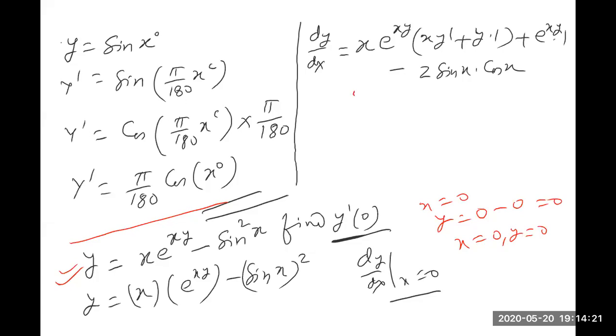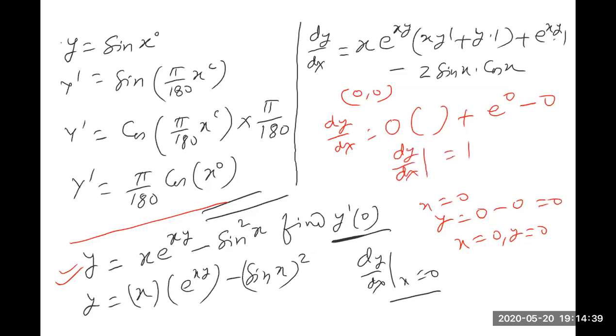So put this 0, 0 point here directly. So dy by dx is equal to, this x is 0. So everything will be 0 plus e raised to power 0 minus 0. Sine 0 is 0. So dy by dx will be how much? 1 at x is equal to 0. This will be answer.